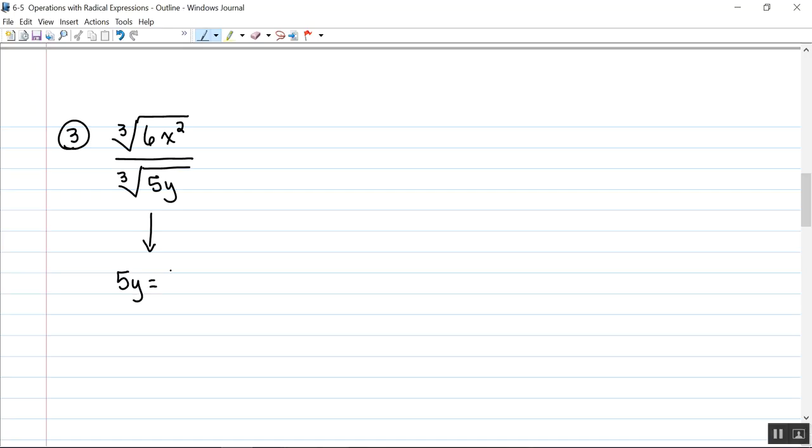So what do I have to multiply the cube root of 5y times to get just a plain old 5y? Is what I have to ask myself. Remember, this means that I have something times itself 3 times gives me 5y. So I'm going to need another cube root of 5 squared y squared.